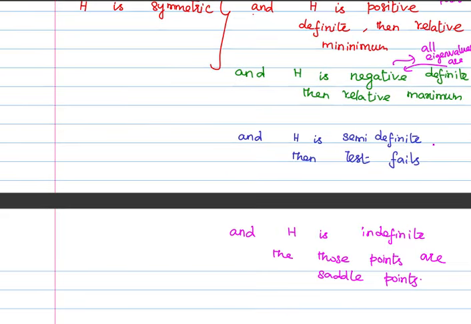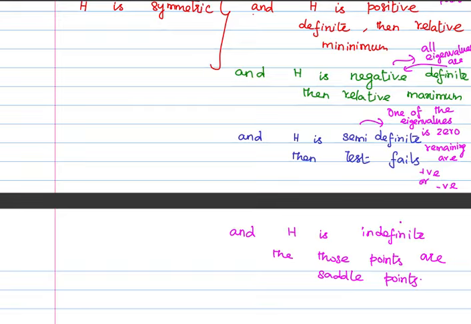Semi-definite means one of the eigenvalues is 0, and the remaining are all positive or all negative.